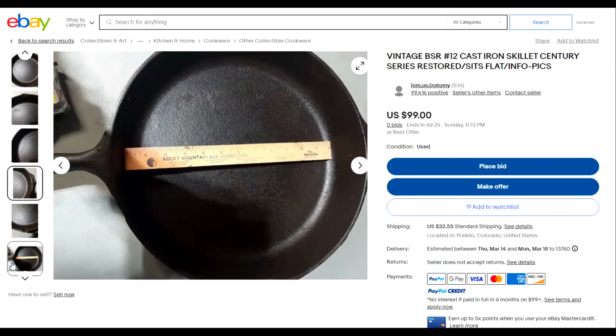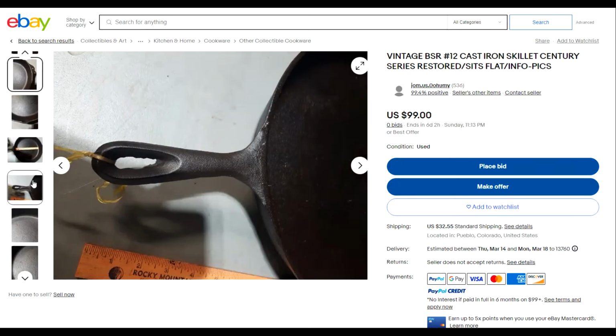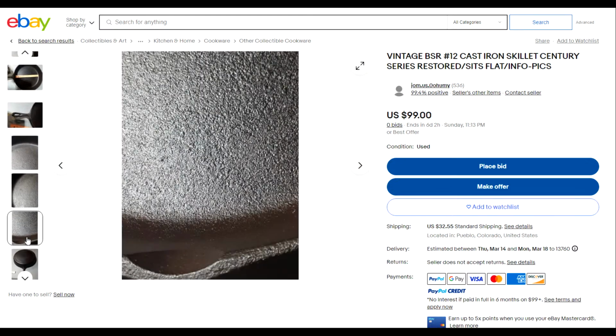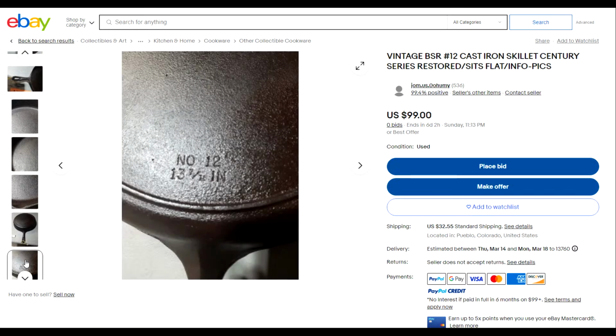Am I seeing any photos of the underside? Oh, it's got a lot of photos of the surface. Well, here's one. Okay, so it's a number 12, 13, and what's that say? 7/16.